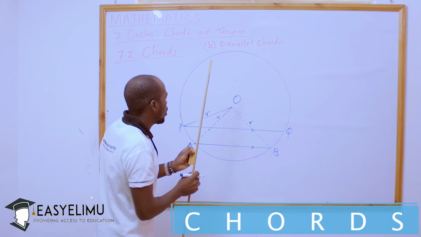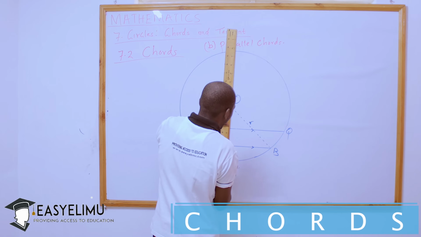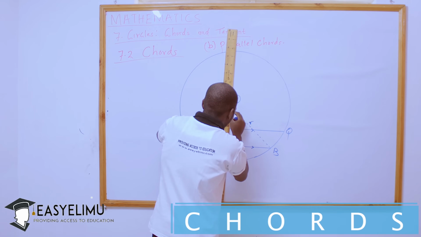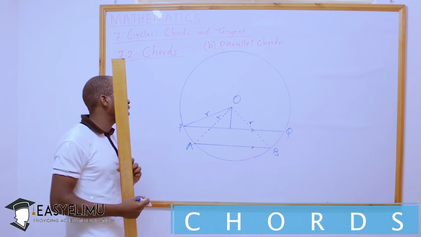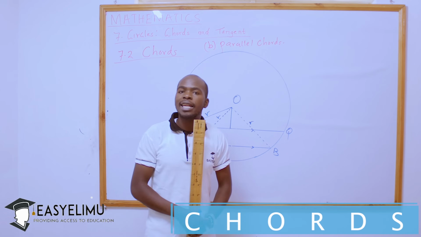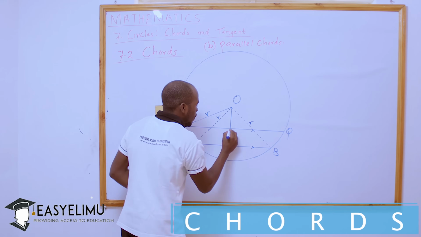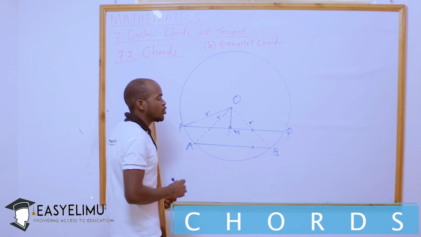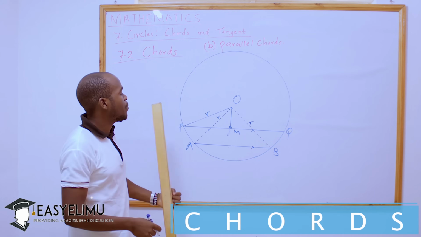But what if we draw a perpendicular from the center of the circle to line PQ, to cut line PQ at M? You will find that it will form a right angle triangle on both cases.